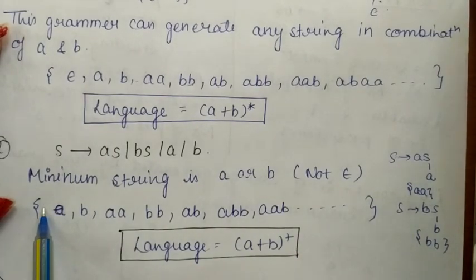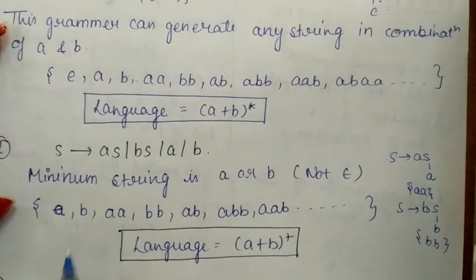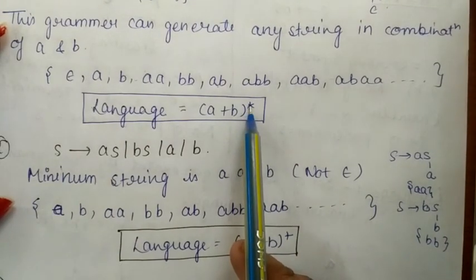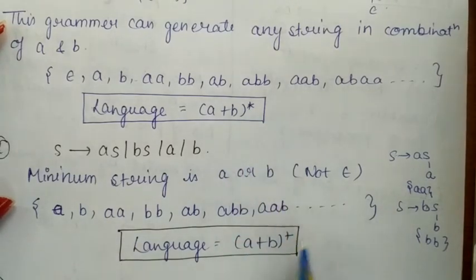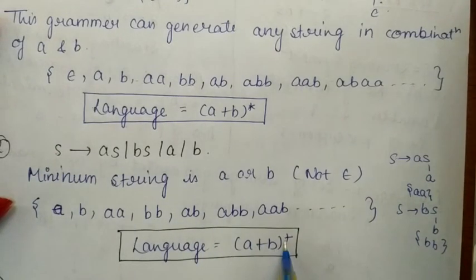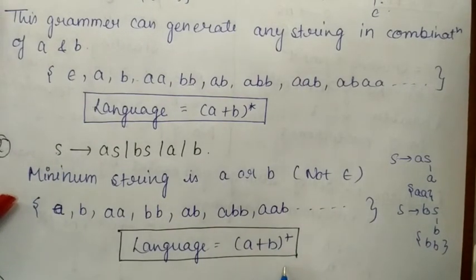So how can we write the regular expression? For strings containing epsilon we write closure, star, and if the strings don't have epsilon, we write plus here. So the language will be a plus b plus.